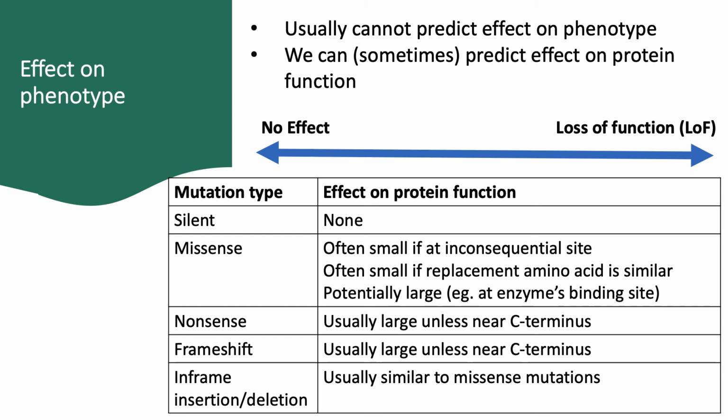This is because in both nonsense and frameshift mutations, large portions of the polypeptide are either missing or the polypeptide is just totally different. The exception to this may be when such a mutation occurs very close to the C terminus of the polypeptide chain, resulting in a polypeptide that's very similar to the normal allele.